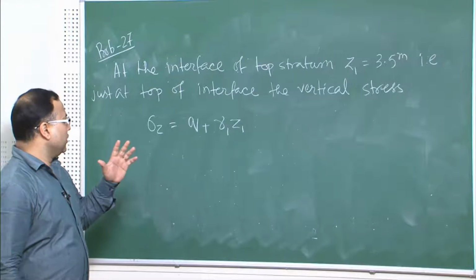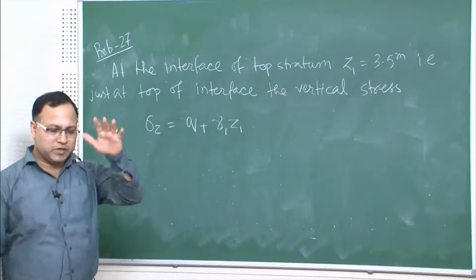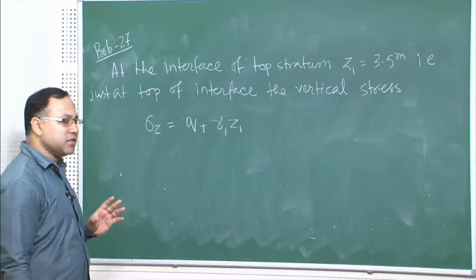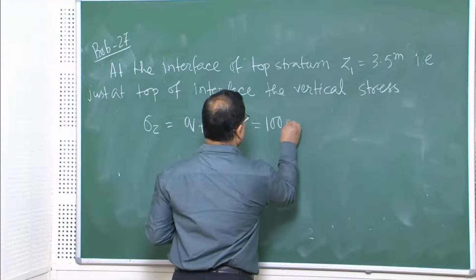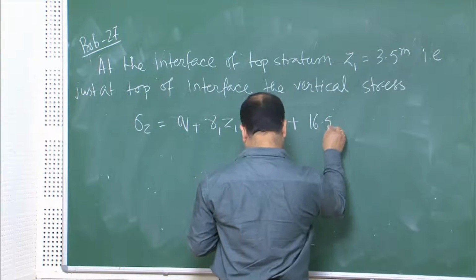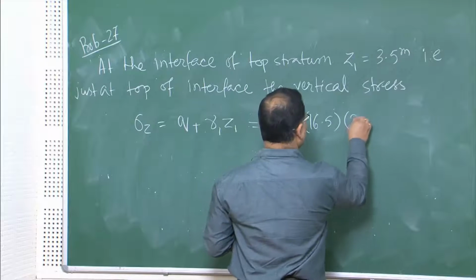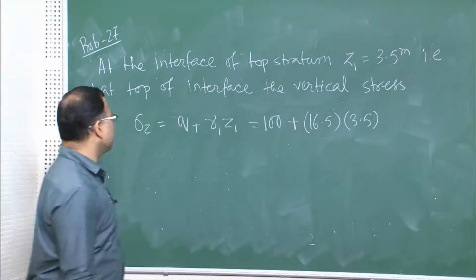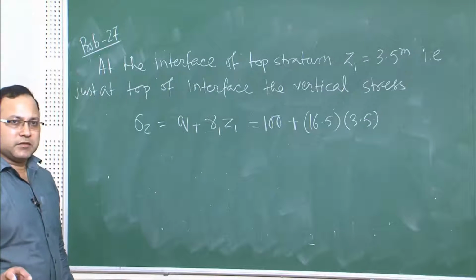Q, of course, is the surcharge, that will be there for the whole deposit, that is constant surcharge, plus gamma 1 into z1. So, if I put this, 100 plus 16.5 into 3.5. Okay, this is your sigma z at the top of the interface.